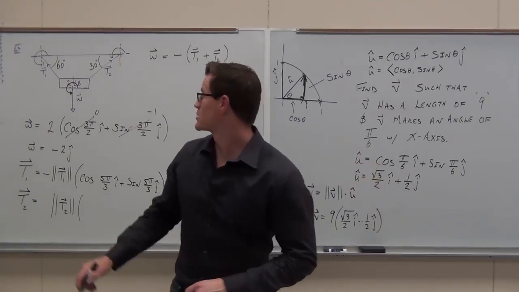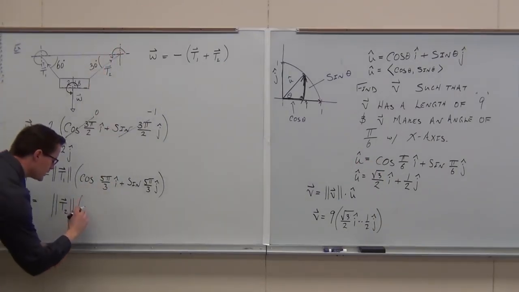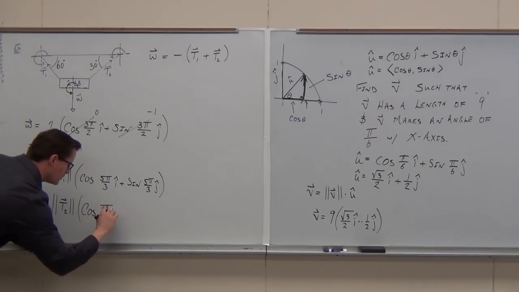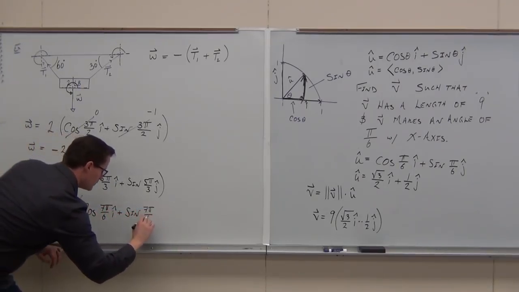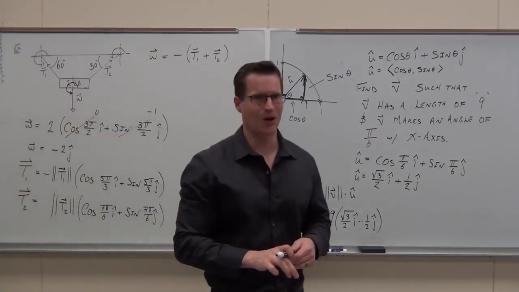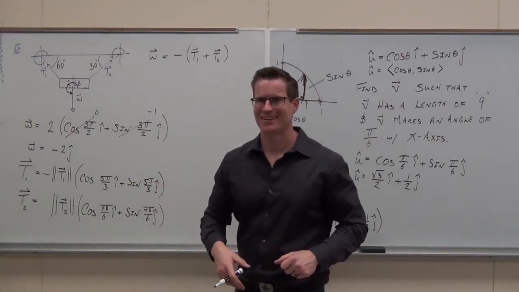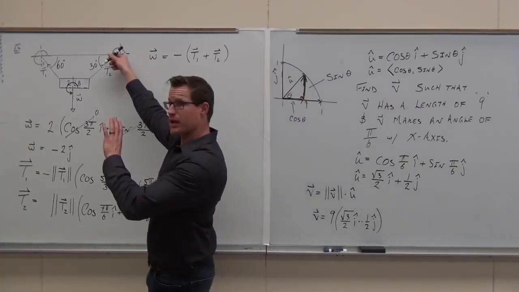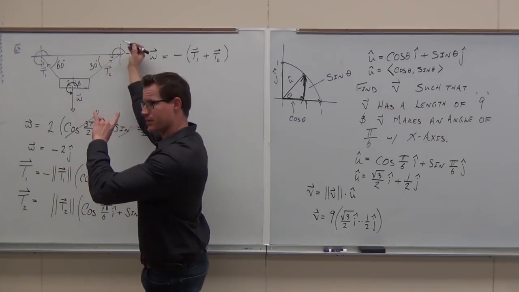So 7 pi over 6, because we got 1, 2, 3, 4, 5, 6, 7. Oh, we're almost there. Come on, we're almost there. What else? It's going to be opposite, because if I did it this way, then this vector's going from here to here, and I want to flip it from here to here.